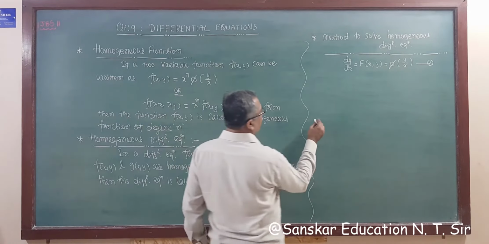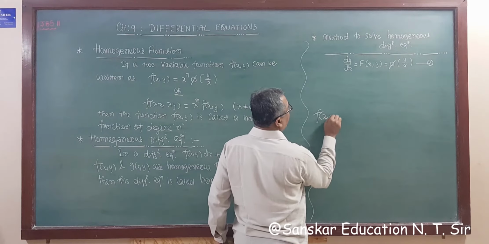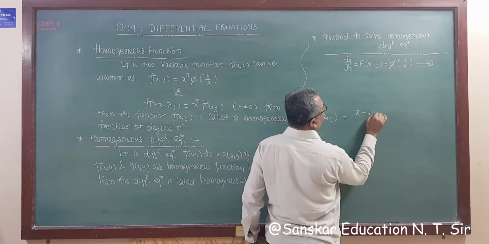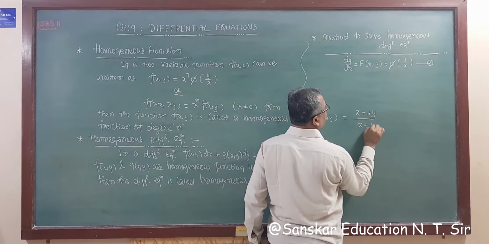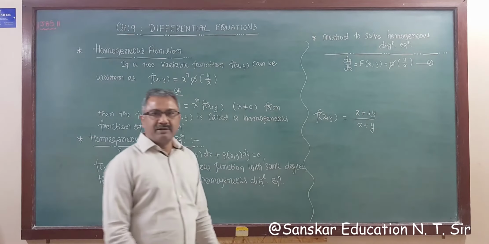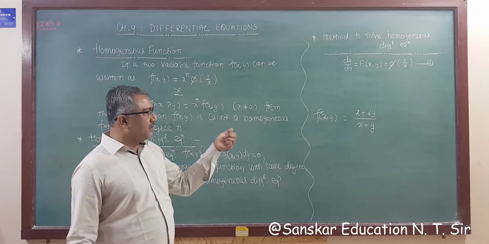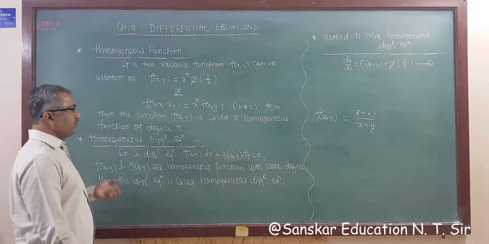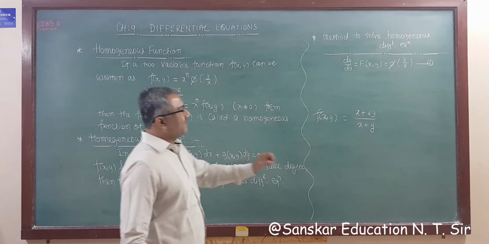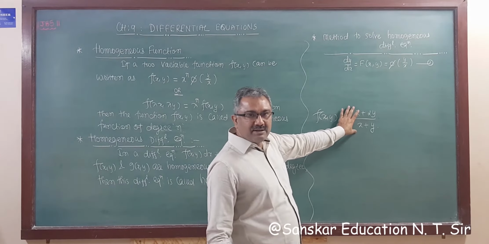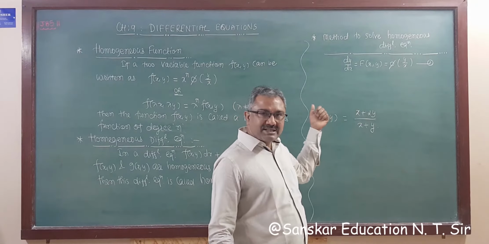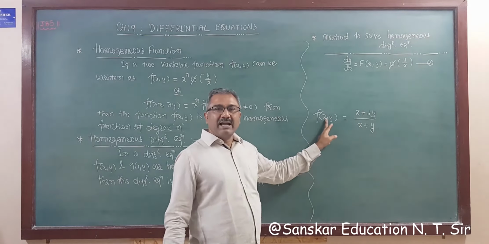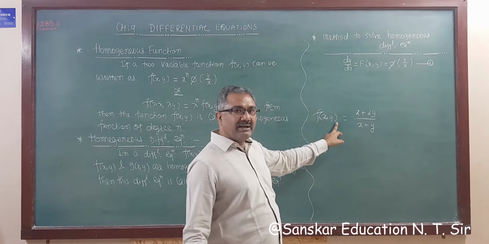Suppose you are given f of x, y equal to x plus 2y upon x plus y. Is this a homogeneous function or not? To check, you have to simply replace x by lambda x and y by lambda y.